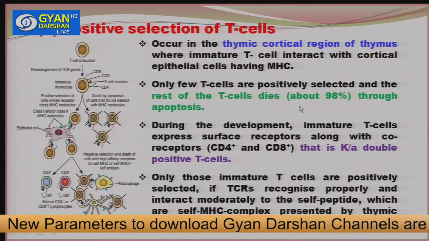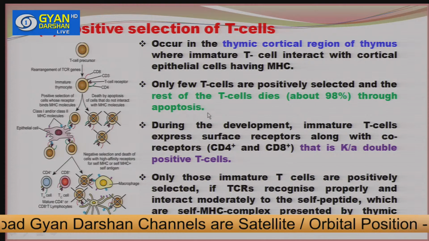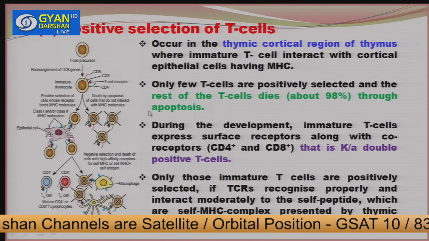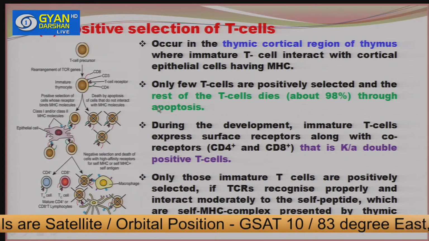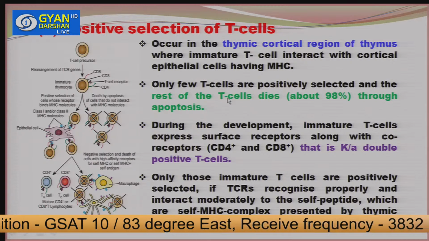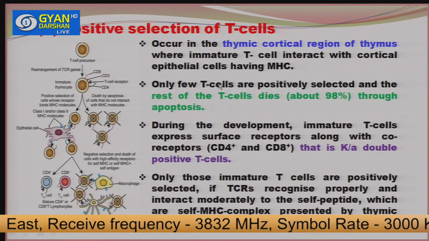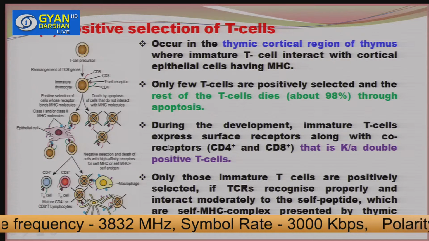About 98% of T cells die through apoptosis. Apoptosis is programmed cell death, which is involved in this case. Only 2% of cells are involved in the maturation.